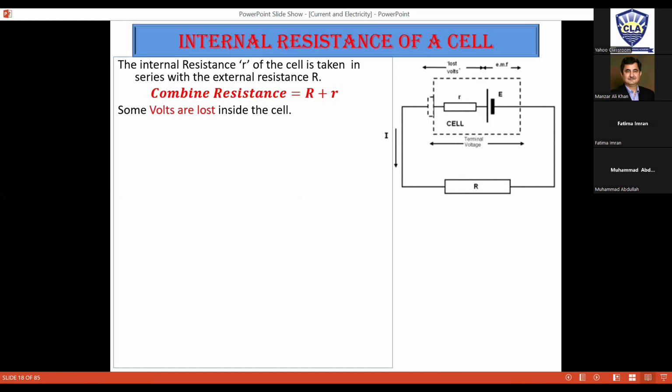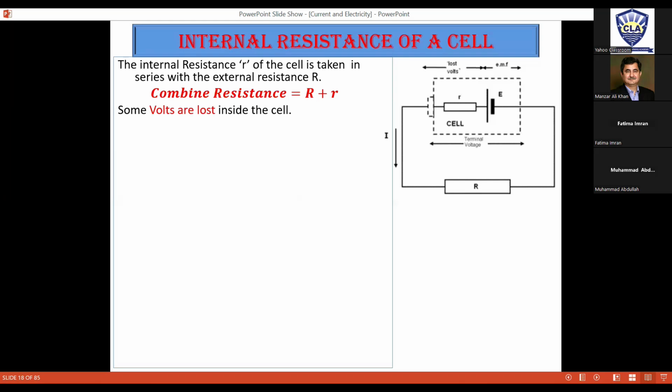So internal resistance is the resistance of the cell where some of the volts or energy is lost inside the cell. So this is the definition of internal resistance. And it is taken in series with external resistance.